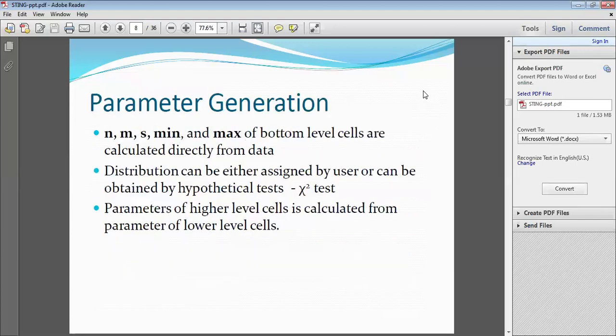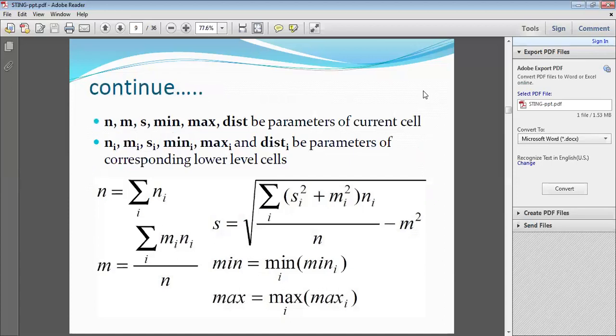I can show you the formula. The formula that we can use will be like this. N is equal to sigma Ni. It can simply be explained as the number of data elements lying in these 4 grids that create the grid at the I minus 1th layer. So the number of all the grids' elements would be equal to the N of the I minus 1th layer.